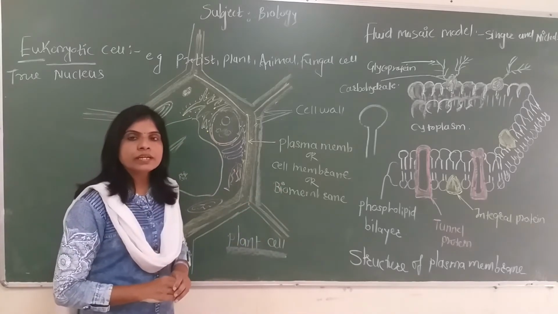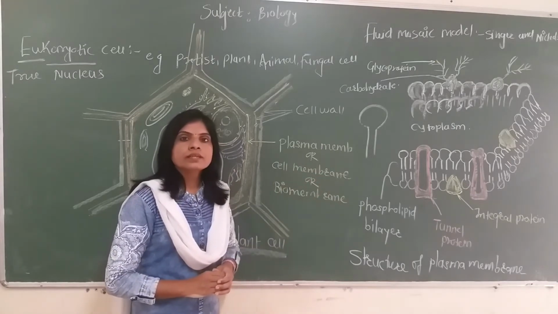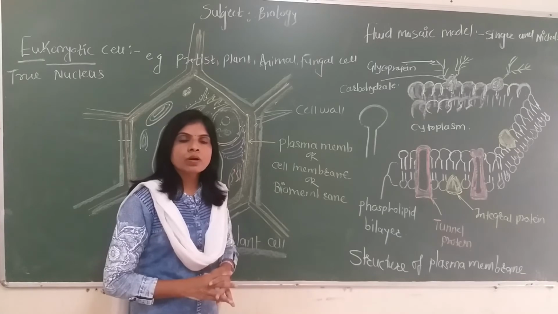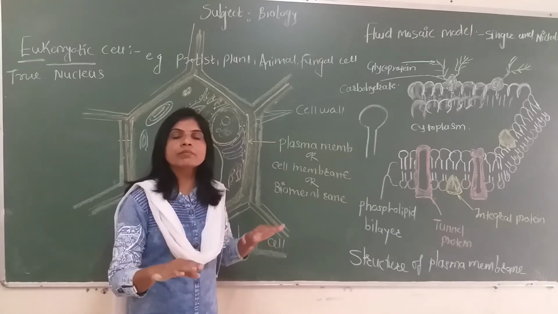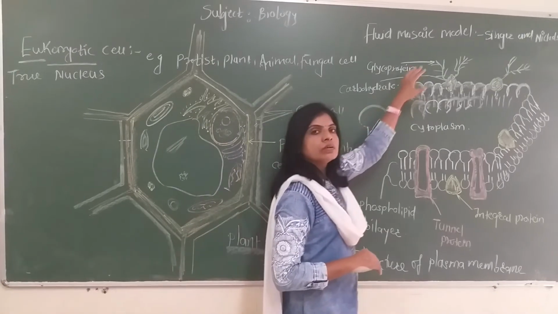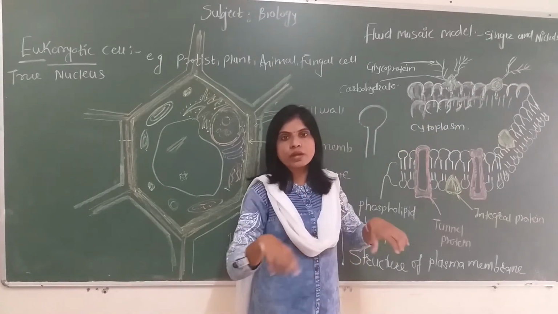To describe in detail the structure of the plasma membrane, Singer and Nicolson proposed a model called the fluid mosaic model. Fluid means a fluid-like membrane. Mosaic means that on top view, the heads of the lipid molecules appear in a mosaic, square shape.